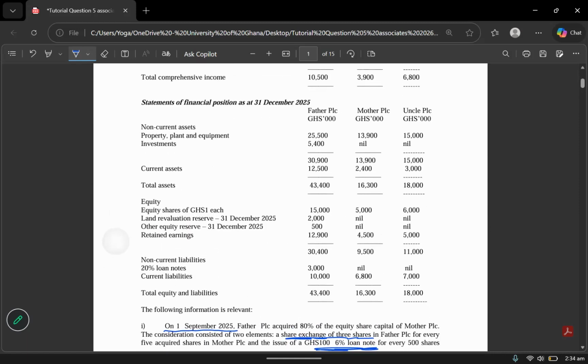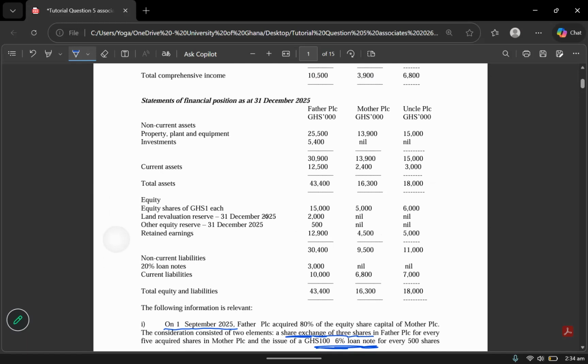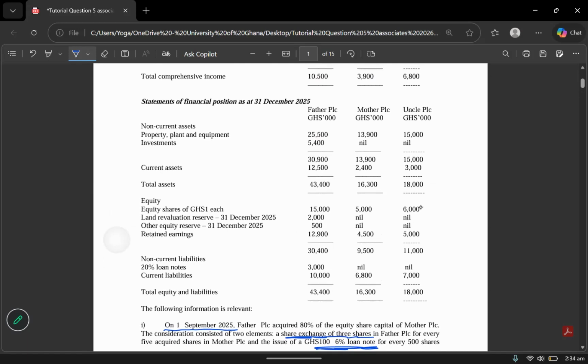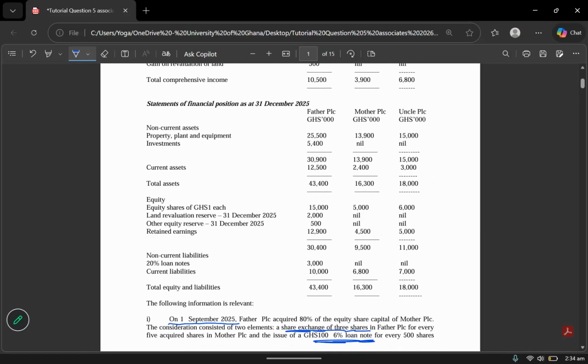They have acquired 2.4 million out of 6 million. The 6 million is at 1 cedi each, so if you divide 6 million by 1, you still get 6 million. So the number of shares is 6 million.